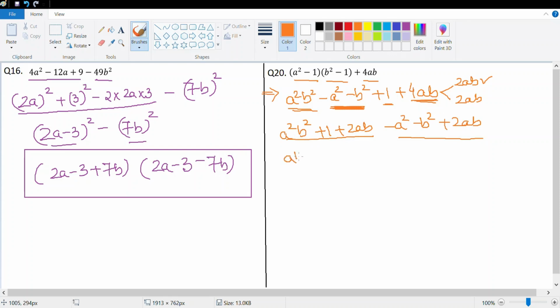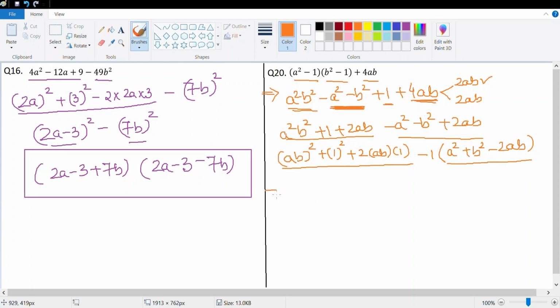So the first term is nothing but ab whole square. 1 is obviously 1 square, and this is 2 times ab times 1. So these 3 terms will give us ab plus 1 the whole square. If I take negative 1 common, what I get is a square plus b square minus 2ab. So these 3 terms are nothing but a minus b the whole square.